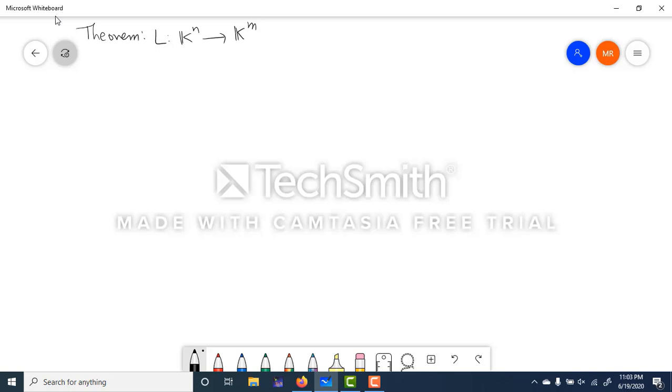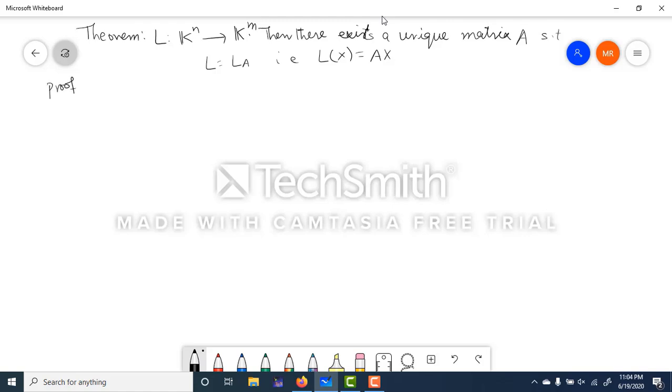Then there exists a unique matrix A such that L is equal to L_A, that is, once again, L of x is equal to Ax. We proceed as we did in our previous theorem.